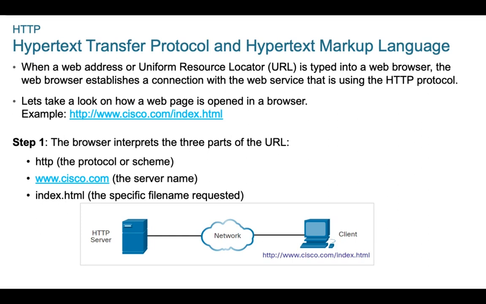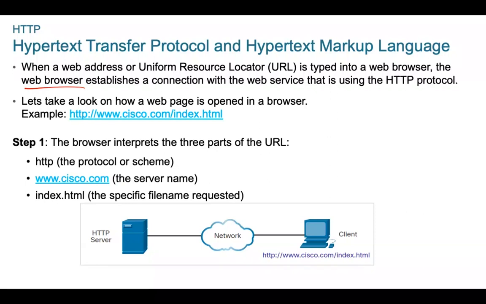So either web browsing can be done or emails can be sent. For emails, we are using SMTP for delivering, and on the destination side, it uses POP3 or IMAP.